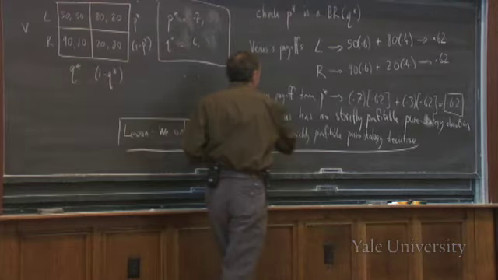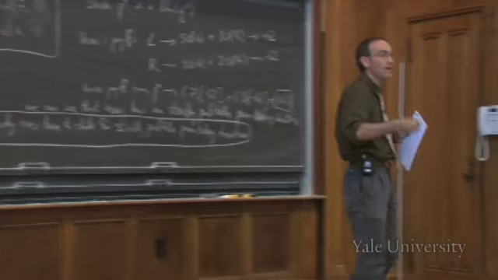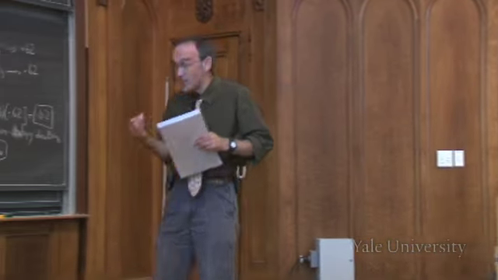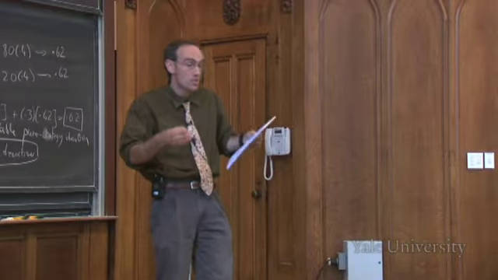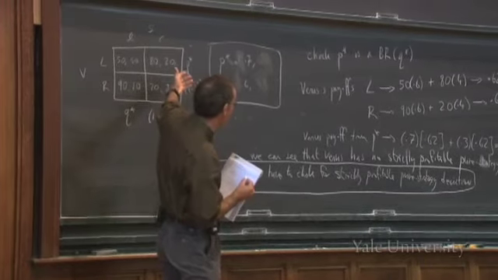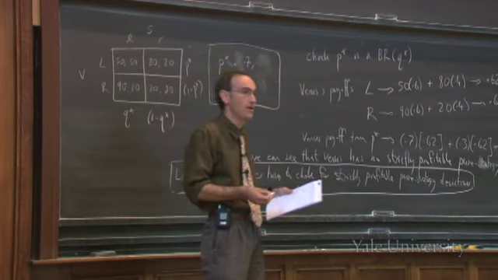Because if we had to check for mixed strategy deviations one by one, we'd be here all night, because there's an infinite number of possible mixed strategy deviations. All right, but there aren't too many pure strategy deviations we have to check. Let's just repeat the idea. Suppose there isn't any pure strategy deviation that's profitable. Then there can't be any mixed strategy deviation that's profitable, because the highest expected return you could ever get from a mixed strategy is one of the pure strategies in the mix, and you've already checked that none of those are profitable. All right? So this simple idea we developed last time not only helps us to find Nash equilibria, but also to check for Nash equilibria.